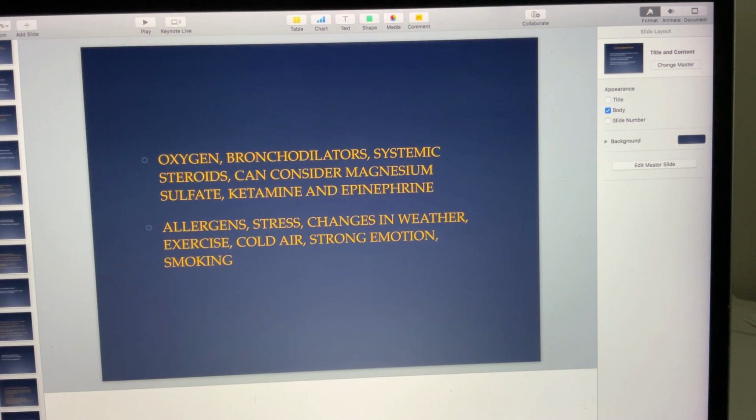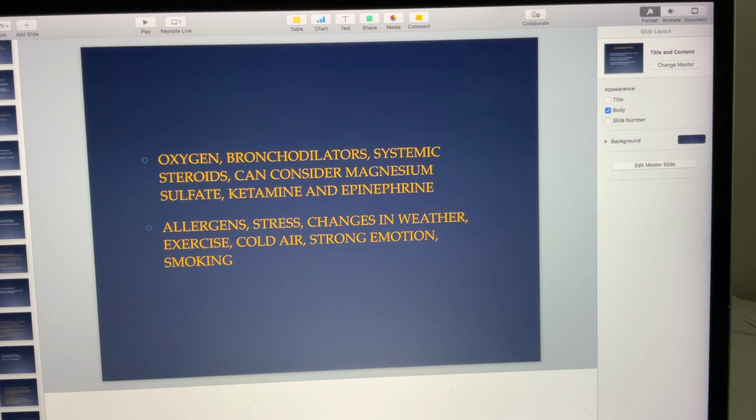And this is the last one. In terms of management of status asthmaticus, you want to administer oxygen, give bronchodilators, give systemic steroids, and then you can begin to consider things like magnesium sulfate, ketamine, as well as epinephrine.